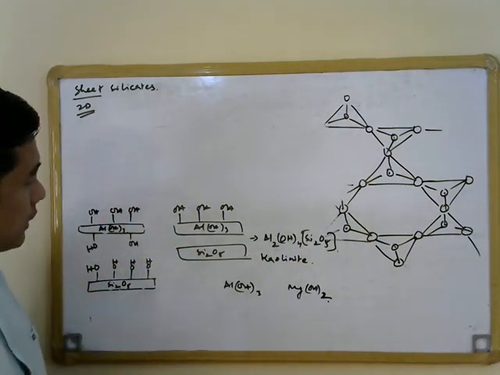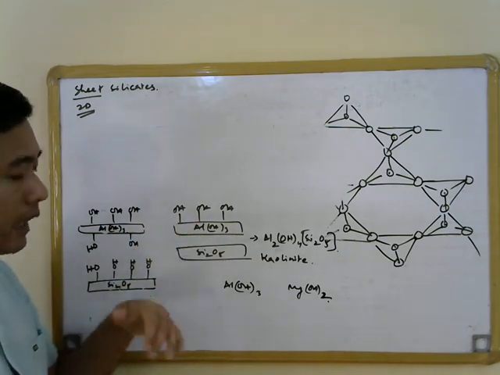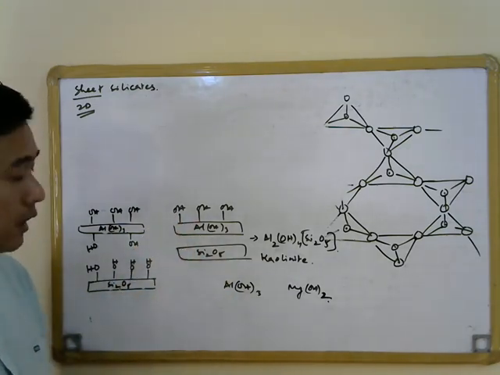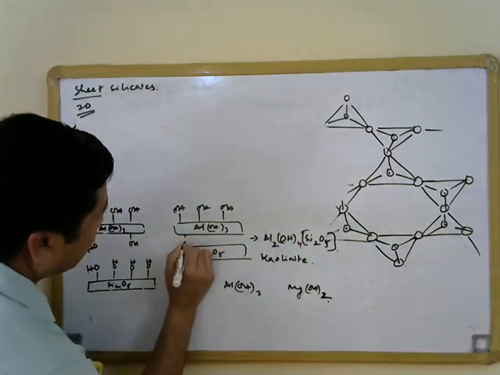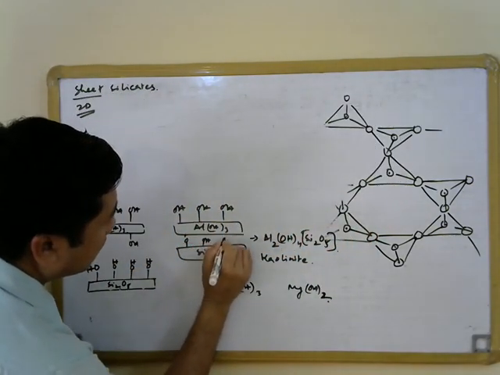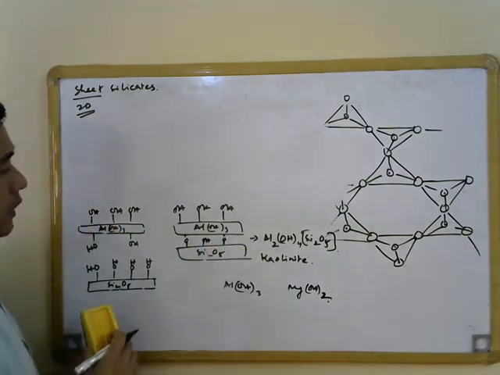Now, because we also have OH groups on the other side of this Al(OH)3 layer, these are all connected by oxygen atoms in this way.